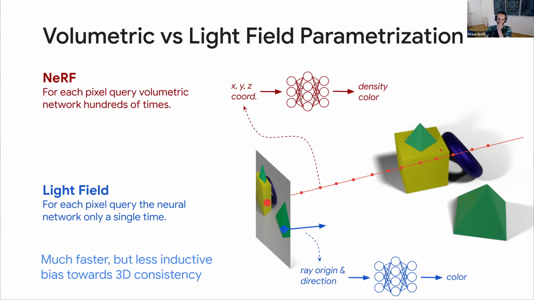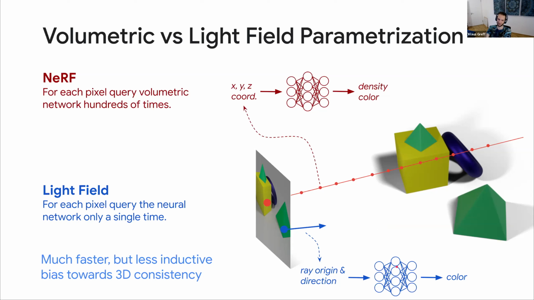What I want to advocate for today is a slight variation on this. It's taking a step back again from 3D a little bit by taking a light field parameterization. So the idea is, instead of querying a network for every point along that ray, we just train a neural network to, given the ray, so essentially just for one pixel, we construct a ray. We know where the camera is in 3D space, so we know the origin of that ray, and we know the direction for that particular pixel.